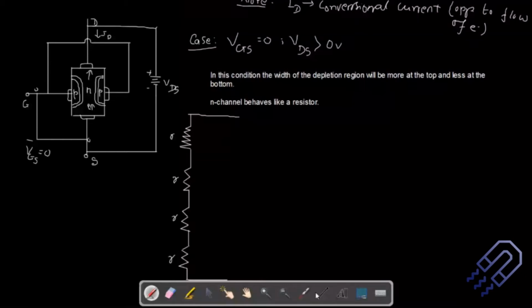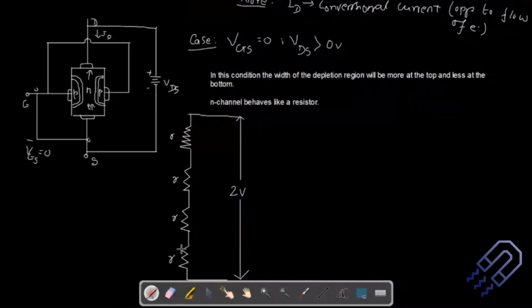If we just look into the potential, let's say I am applying a potential of 2 volts. If you are going to measure the potential across any of these, you are going to look into a drop.